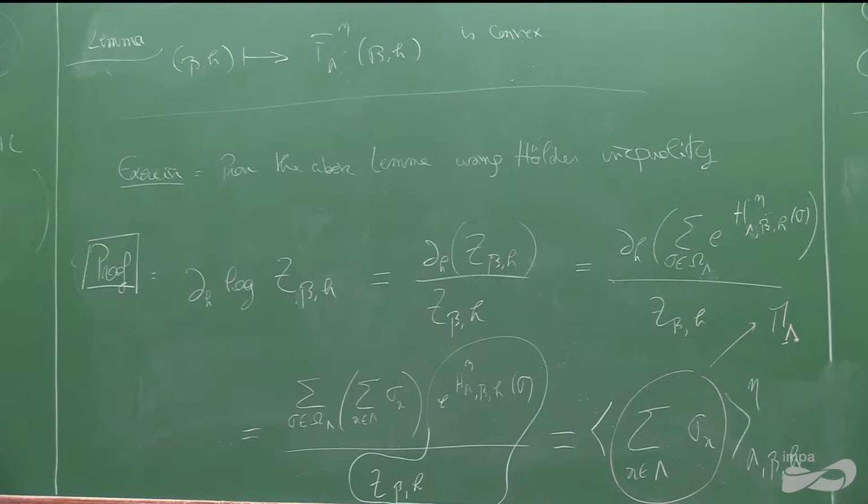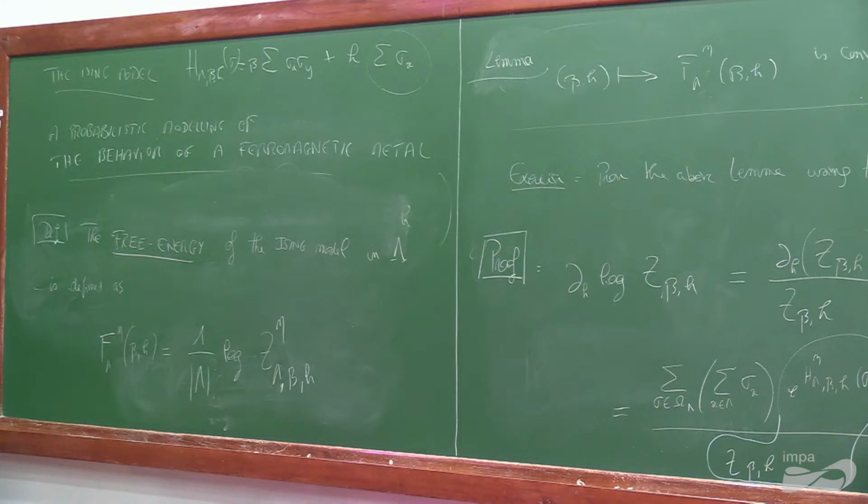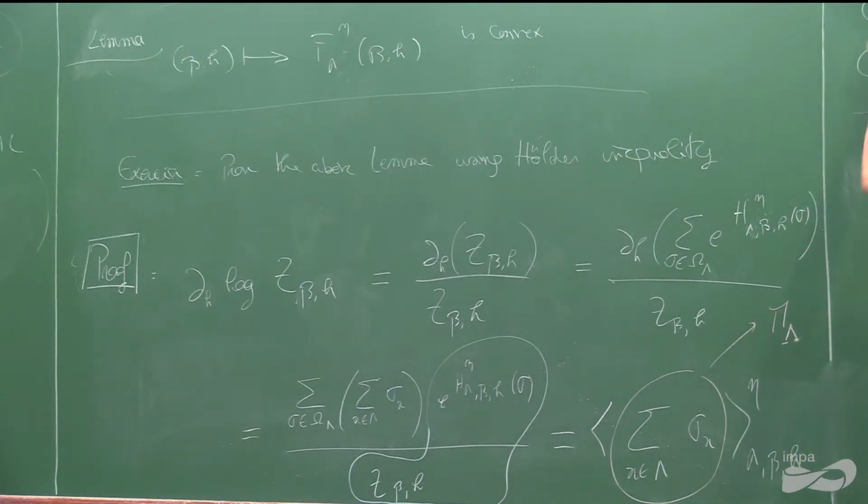So if you take the derivative of your partition function, you get the expected total magnetization divided by the volume, so the average magnetization per unit of volume after taking the average with respect to the Gibbs distribution. Okay, we are interested in convexity, so we have to consider the second derivative. Any question on this computation?